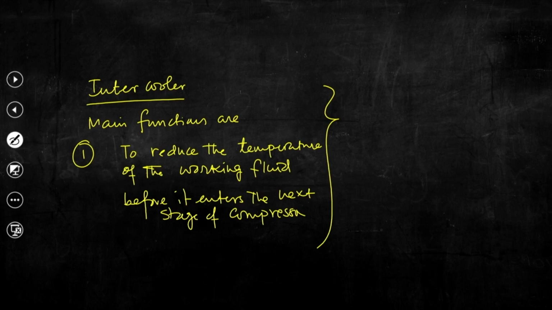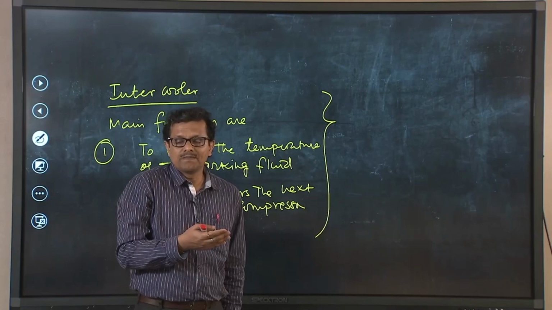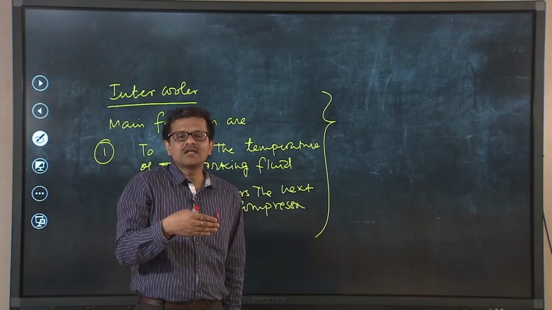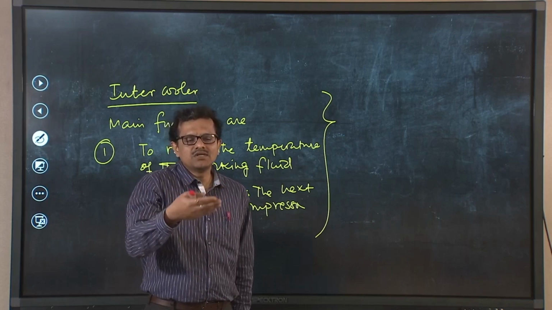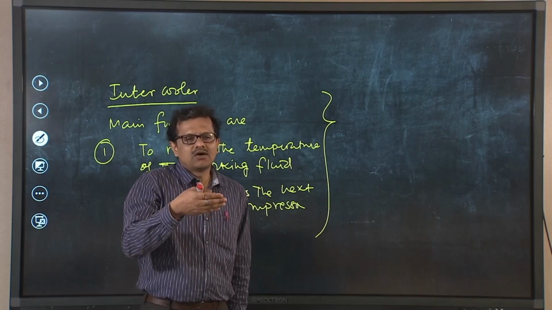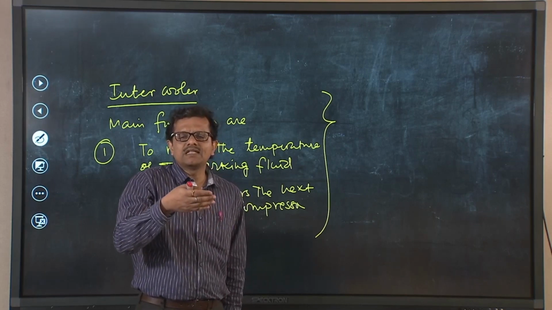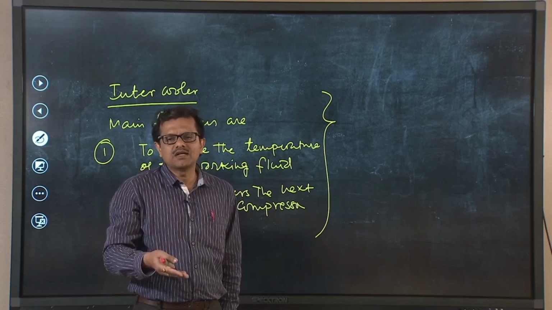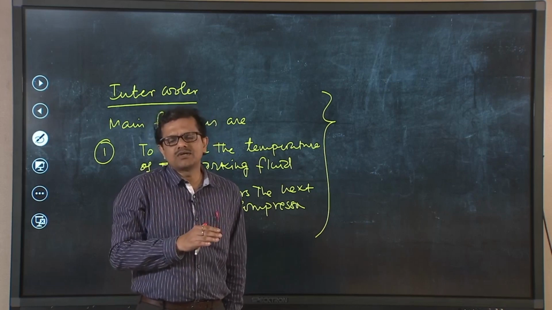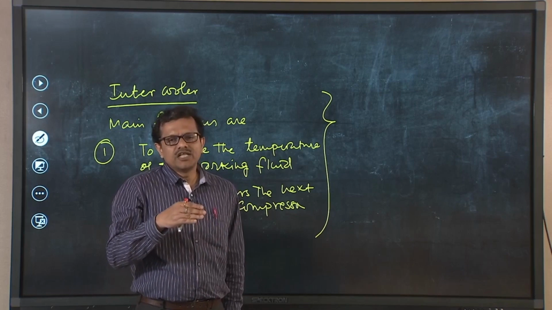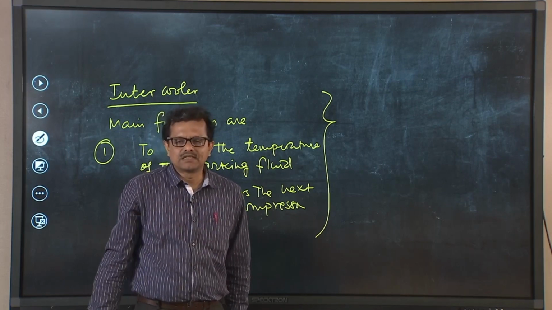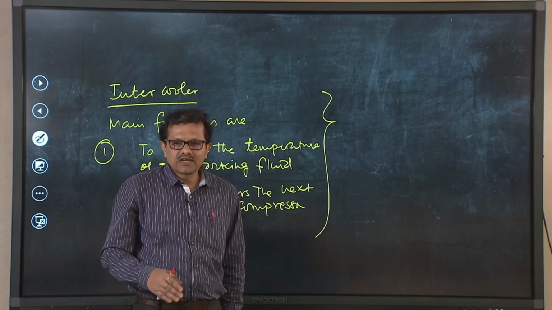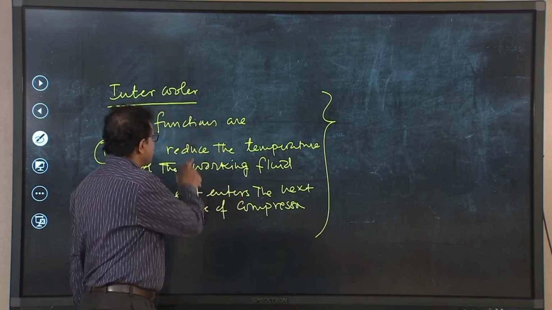Ideally, the inlet temperature, to be precise, not only the pressure but the temperature of the working fluid at the inlet of the second compressor, should be very low and as close as possible to the ambient temperature, but for that this intercooler is used.